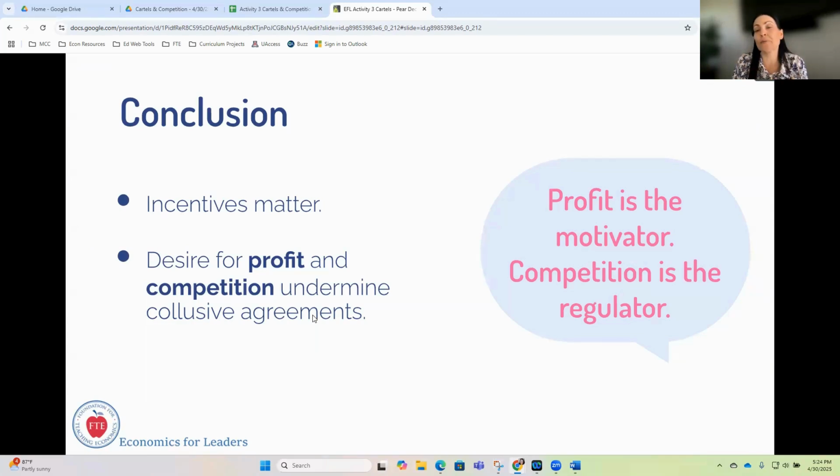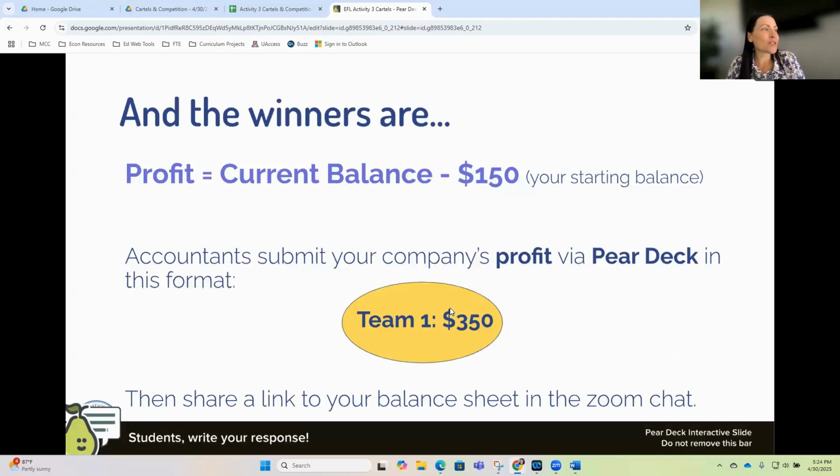What protects us from those collusive agreements from holding is competition. That's what keeps those collusive agreements from holding, whether or not the FBI finds out about it, right? The competition makes those collusive agreements break up. And that's why it's so important to economists to have competition on both sides of the market. So competition is the regulator.